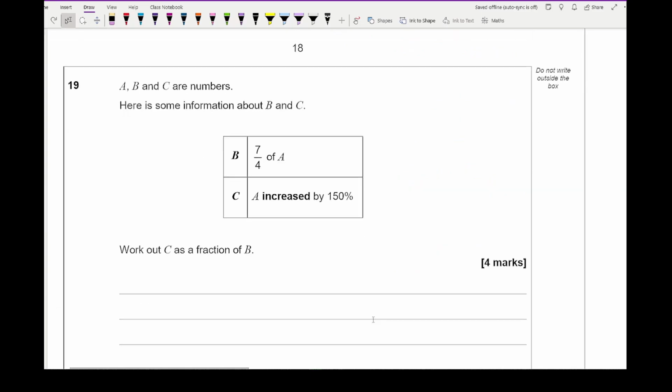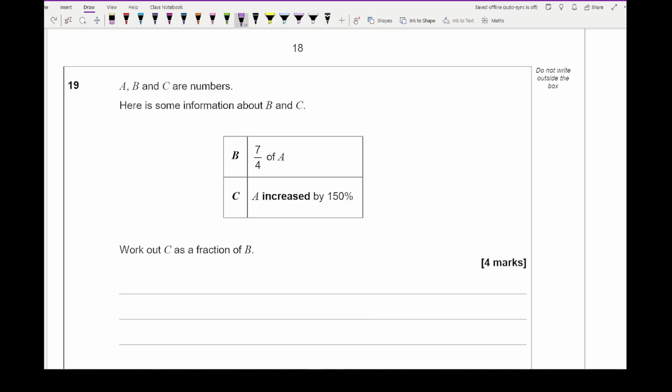Moving on to question 19, it says A, B and C are numbers. Here is some information about B and C. So B is 7 quarters of A, and C is A increased by 150%.